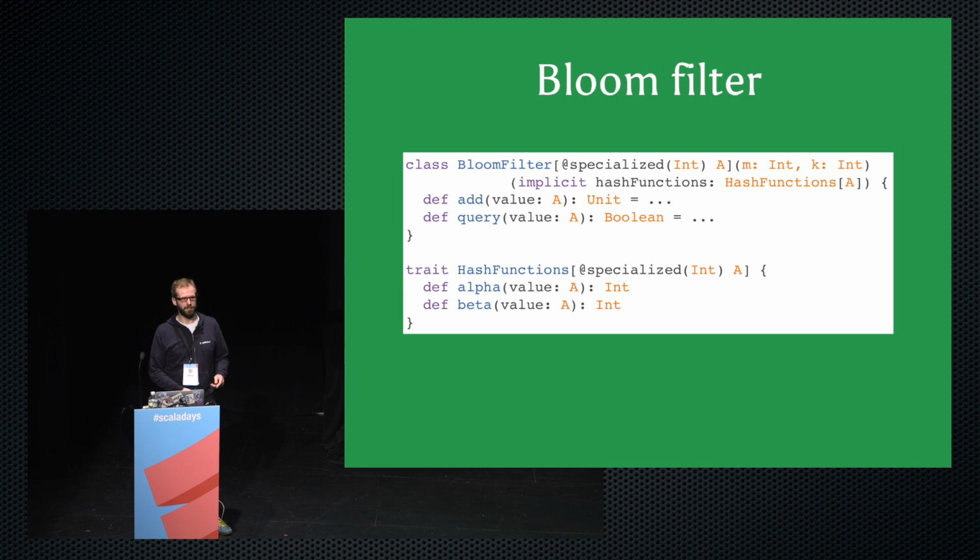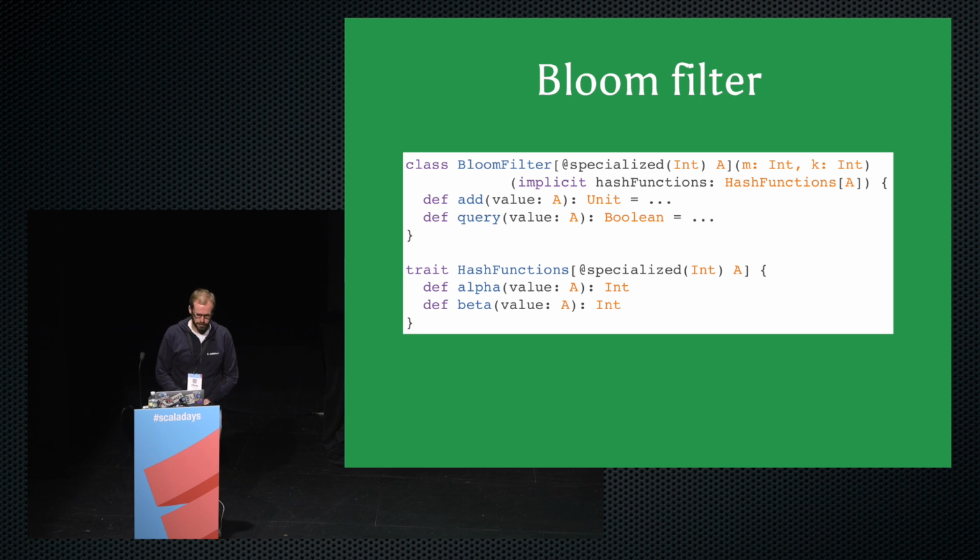So you add values to it. You say this element is in the set, this element is in the set, and then later on you can query saying, is this element in the set? And it will either say probably yes or definitely not. So depending on your use cases, this can be quite useful. And it's a lot smaller than just a normal set, so it's more memory efficient.